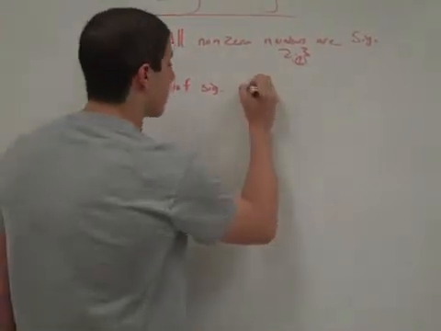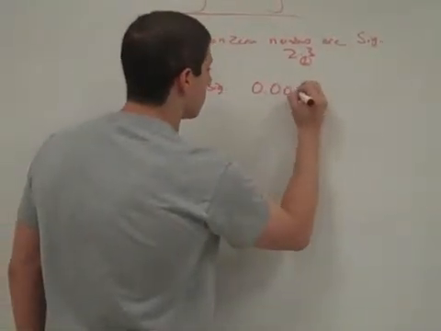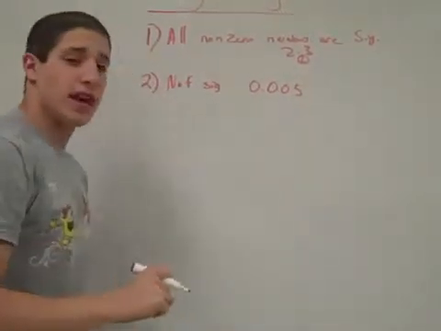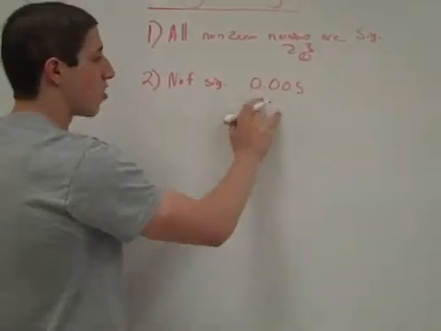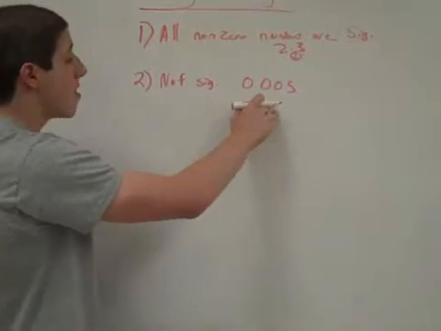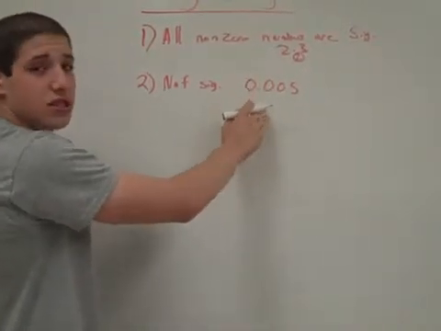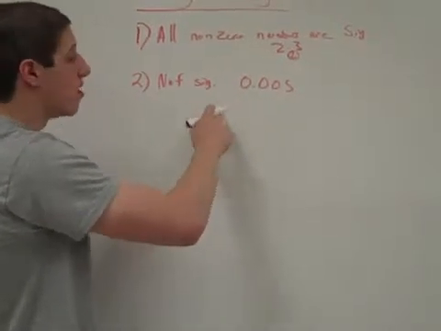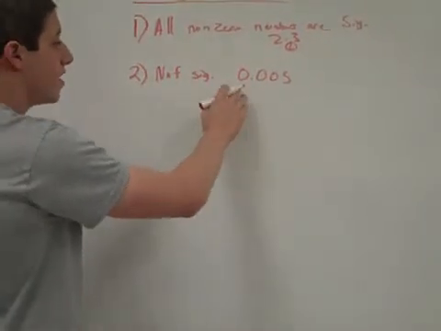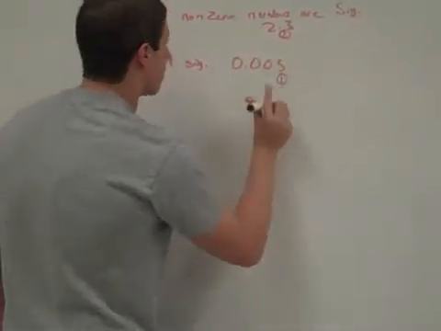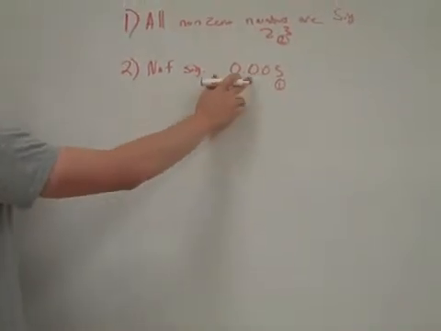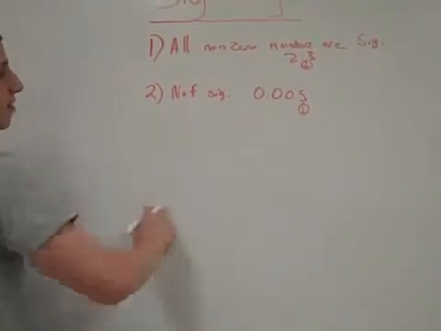So an example would be 0.005. In this case, none of these three zeros are significant because they are not after a certain significant figure. They're before, so this has one significant figure because it is the only non-zero number.